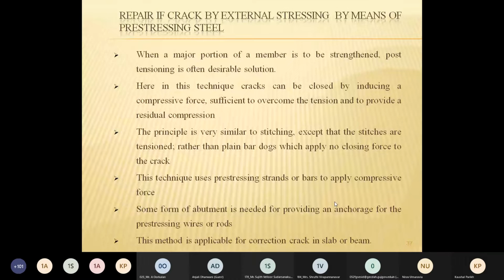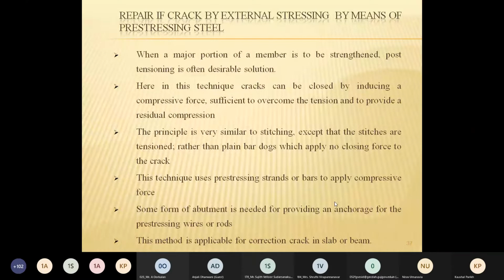So here the principle is very similar to stitching, except that the stitches are tensioned, rather than plain bars which apply no closing force to the crack. This technique uses pre-stressing strands or bars to apply compressive force.